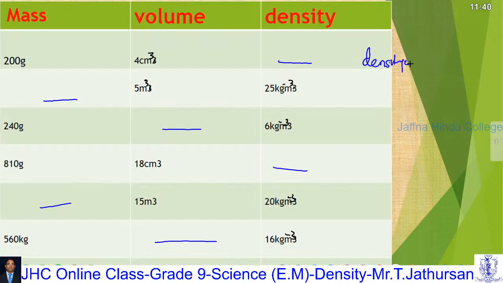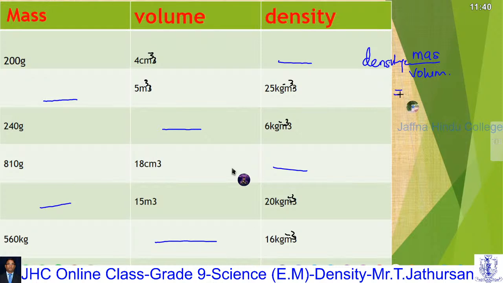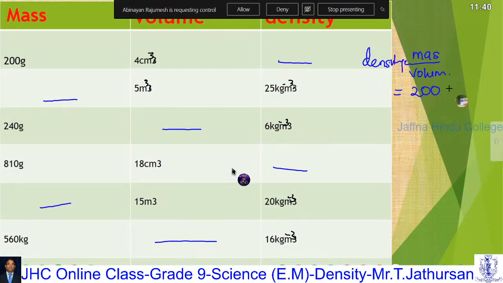Density equals mass over volume. First question: mass 200 gram over volume 4 centimeter cube.